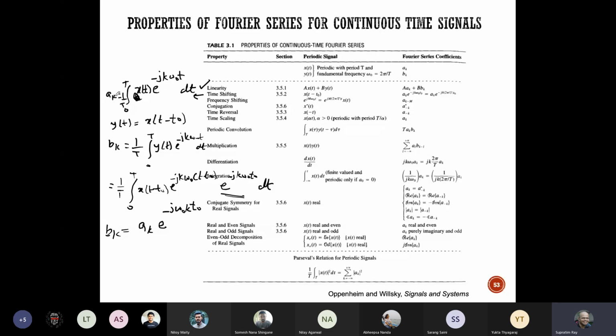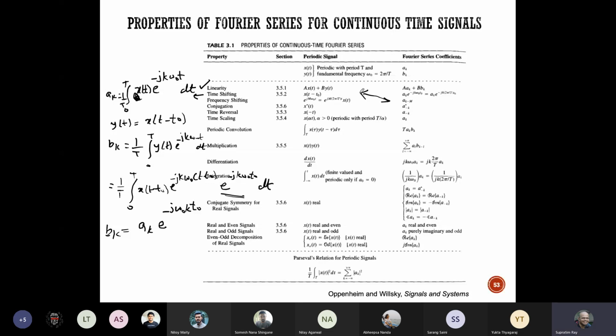Okay, and this one, the frequency shifting, is essentially the equivalent of this. If I multiply the signal with a number, this is just changing the phase of the signal by some m omega naught t. In the frequency domain, the Fourier series coefficient just corresponds to the shift in the frequency domain. So these two go hand in hand.